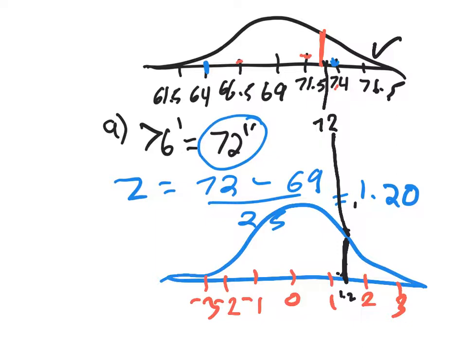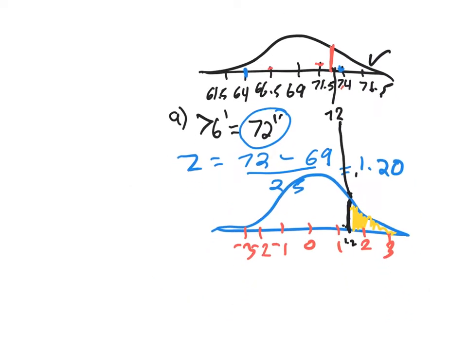Now, I still need to find the area to the right of this. We wanted greater than 6 feet, right? So we're going to use the table that I told you to pick up, the Z chart.